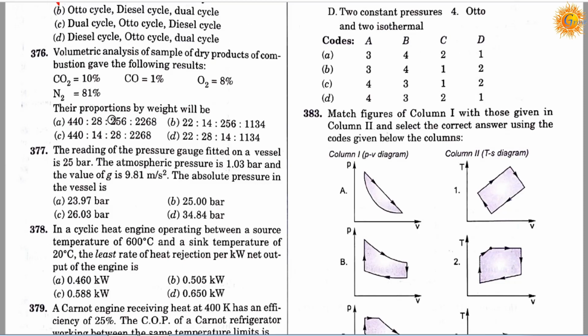So their proportion by weight will be option A, 440 ratio 28 ratio 256 and ratio 2268, and option B is 22 ratio 14 ratio 256 ratio 1134, and option C is 440 ratio 14 ratio 28 ratio 2268, and option D is 22 ratio 28 ratio 14 ratio 1134. So the correct answer is A.